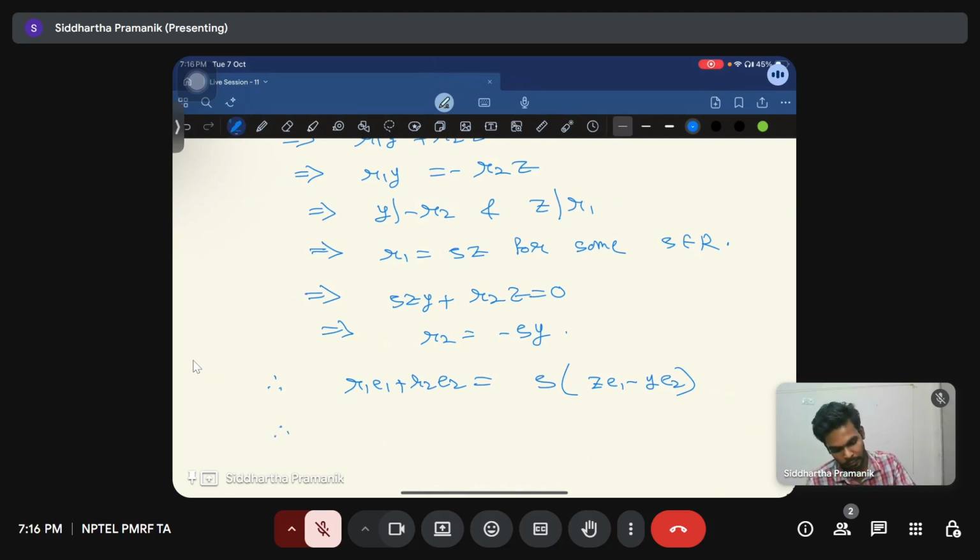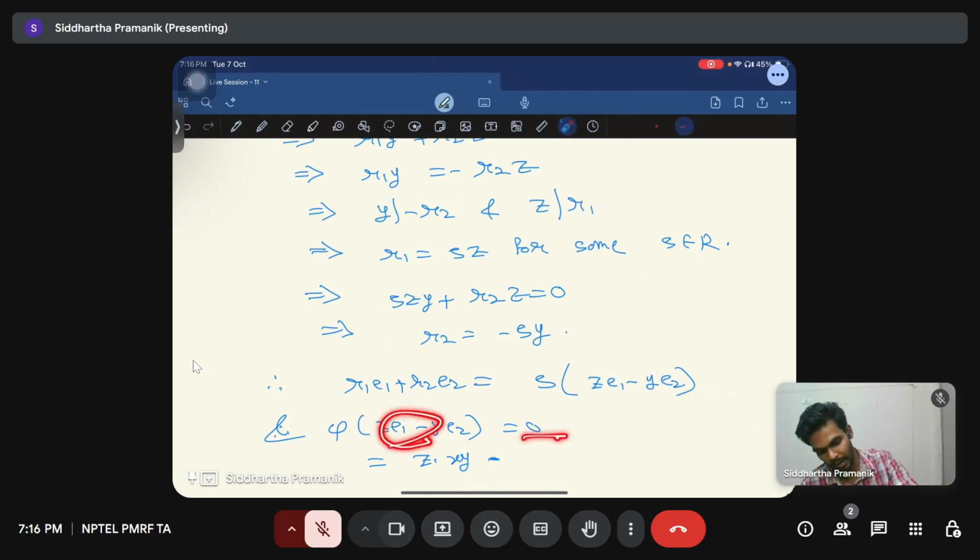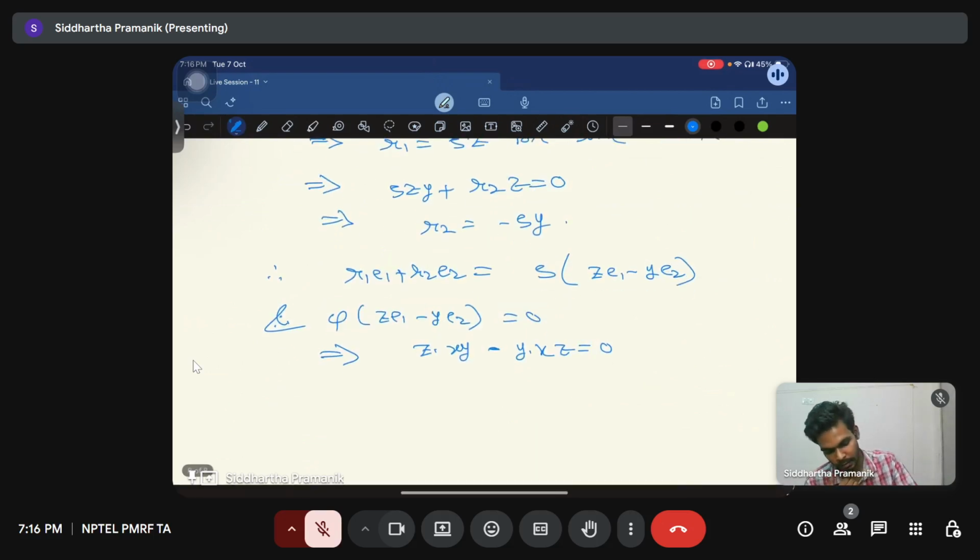And what is phi of z E1 minus y E2? It is z times xy minus y times xz. So this element is in the kernel, so its image is 0. That will imply y times xz is 0. So this is a CGD.